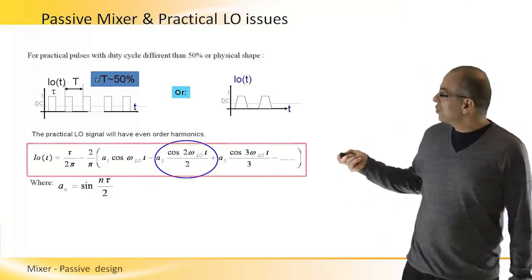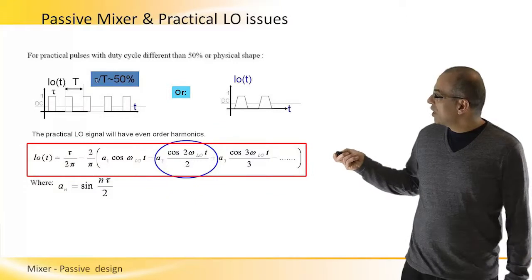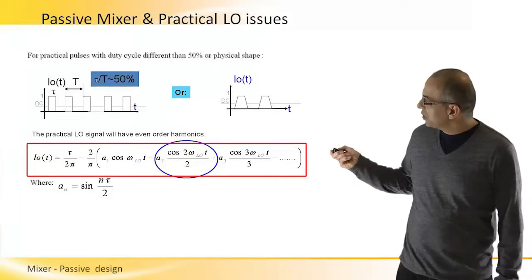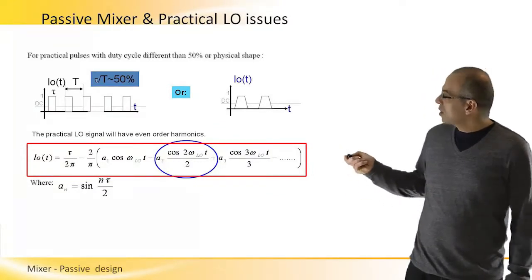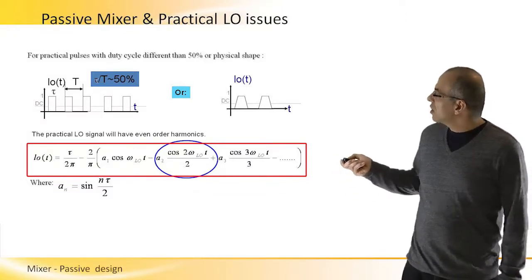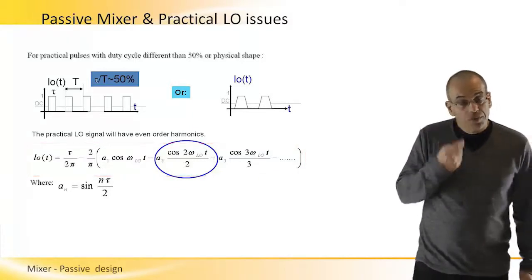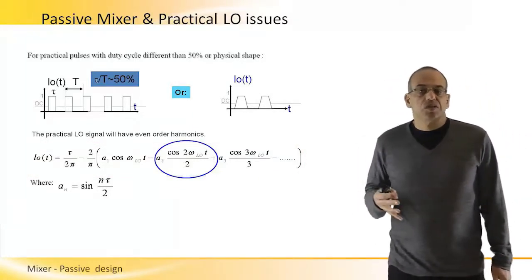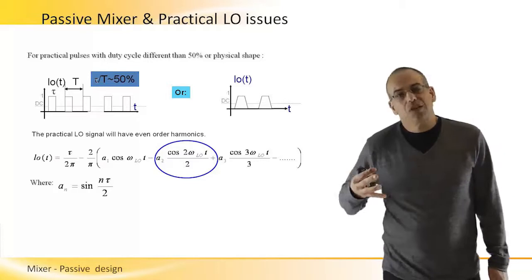So if we look at the Fourier series of these signals, or a combination of them, it will have even harmonics, like second, fourth, and so on. These even harmonics are parasitic harmonics.